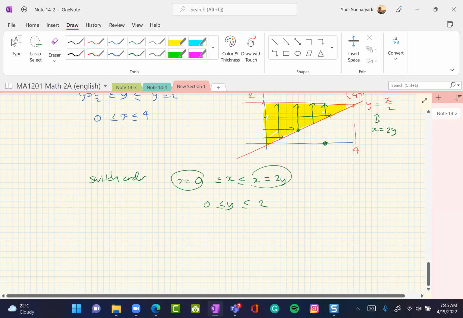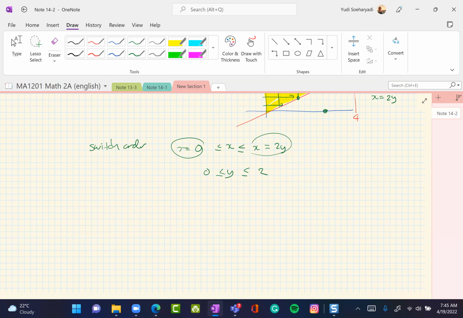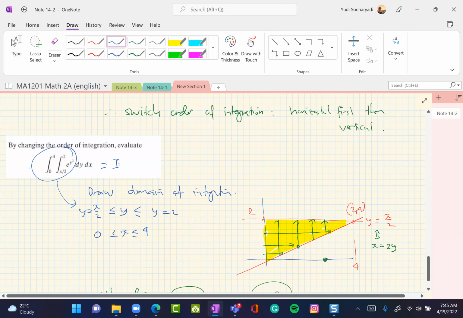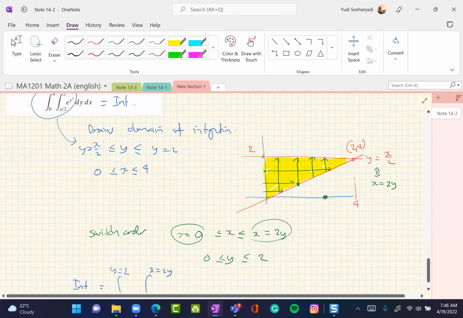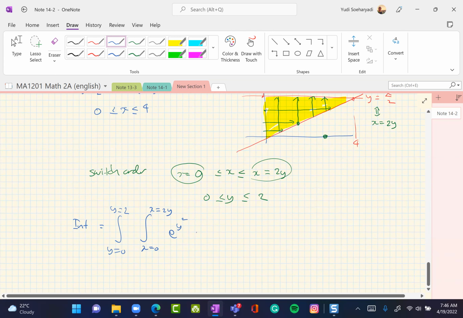So then the integral becomes, just to remind you what we are trying to integrate here, x from 0 to 2y, and here you have e to the y squared dx dy.